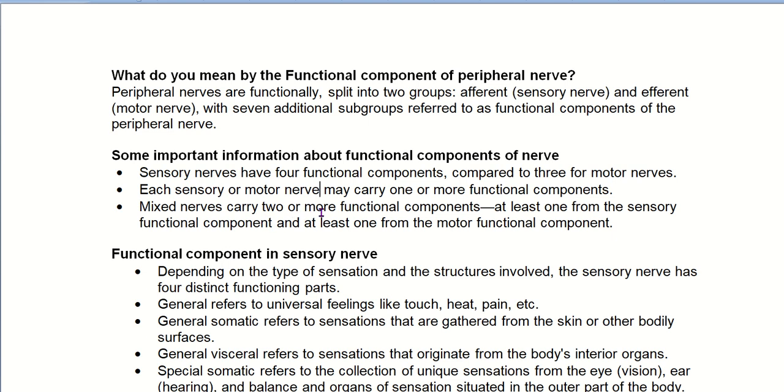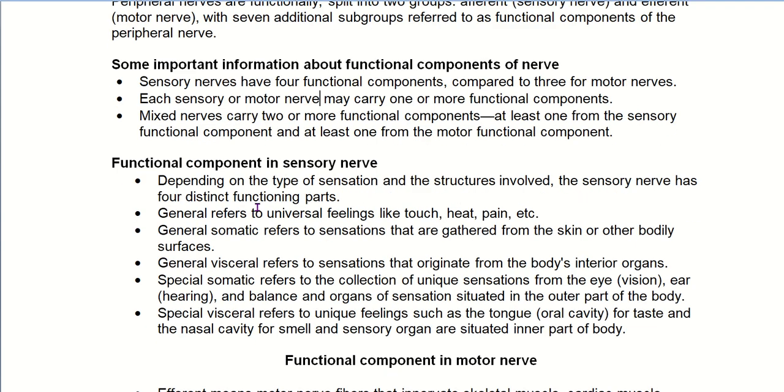Mixed nerves carry two or more functional components, at least one from the sensory functional components and at least one from the motor functional components. Functional components in the sensory nerve: depending on the type of sensation and the structure involved, the sensory nerve has four distinct functional parts.